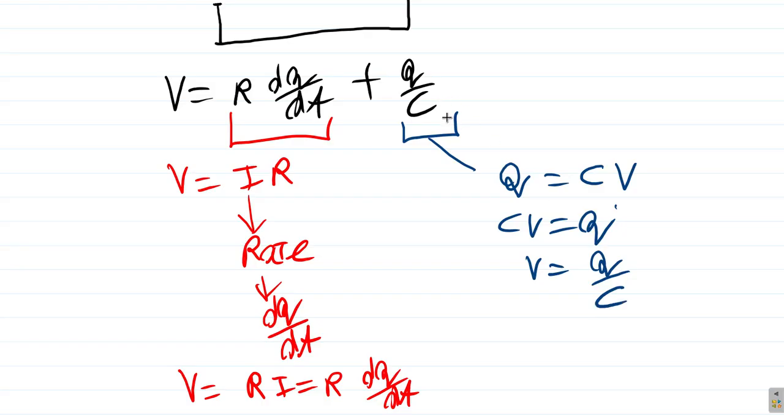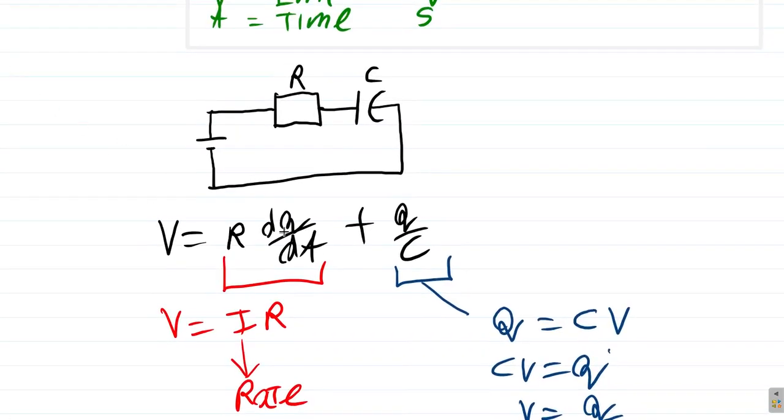So that's this part. This is the voltage drop across the capacitor. This one is the total voltage applied. V is the applied voltage, or the voltage drop across the entire circuit, is equal to the voltage drop across the resistor, which is IR, and here this is the voltage drop across the capacitor.